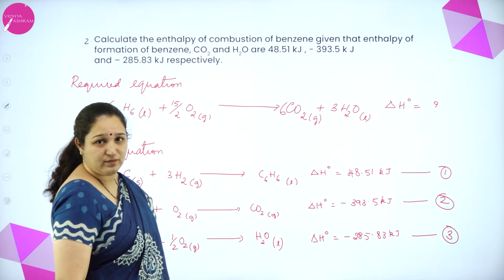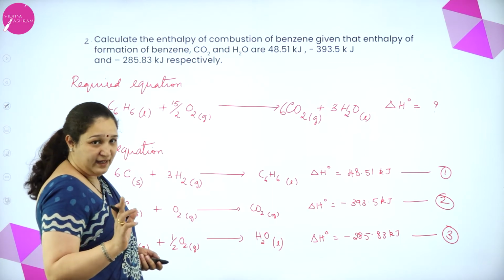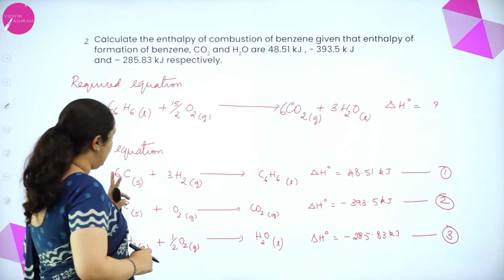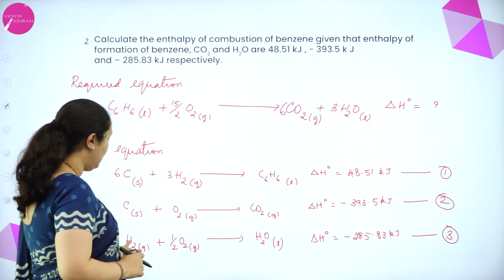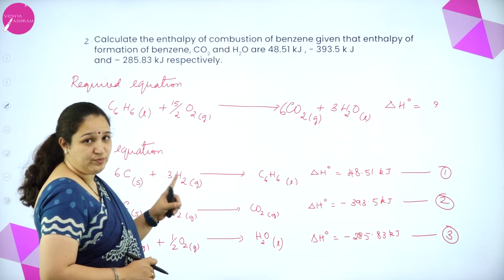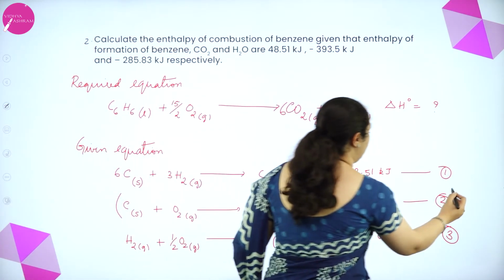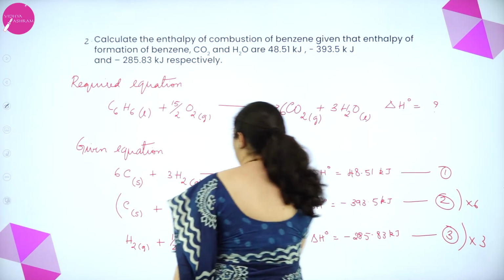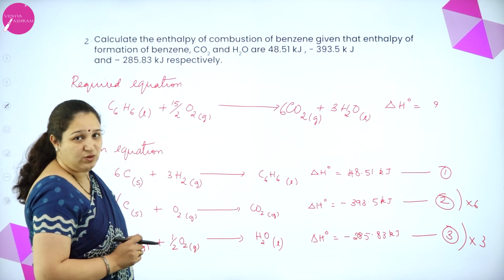Okay. So what am I going to do? I will write again. First equation, reverse. Second equation into 6. Third equation into 3. Okay. So shall we write the equations now?